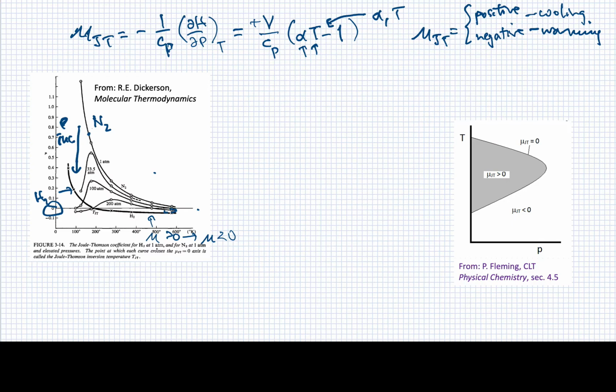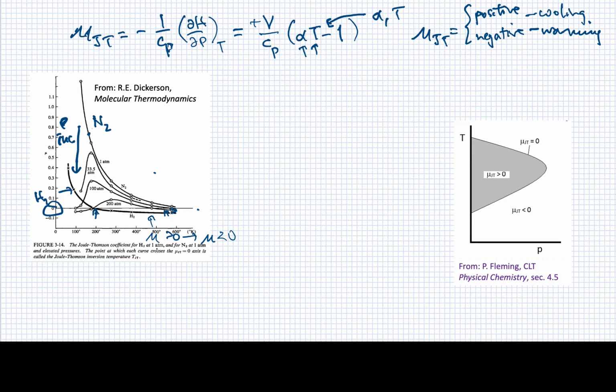And you'll see for hydrogen out here, that temperature is much lower than it is for nitrogen. So that explains why at room temperature one observes hydrogen to be a warming effect, because it's already negative. The Joule-Thomson coefficient is already negative out here for hydrogen gas. For nitrogen gas, though, it's positive, so it shows the cooling effect.